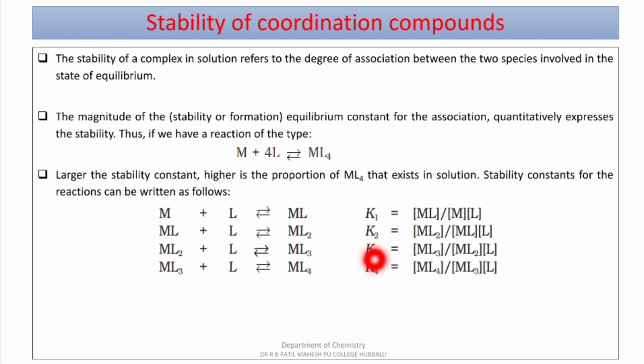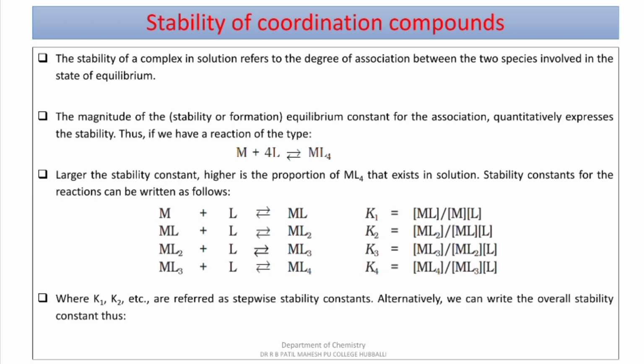Therefore, K3 is equal to the concentration of ML3 divided by the concentration of ML2 into the concentration of L. Similarly, the fourth ligand combines to form ML4 and we get the rate equation K4 is equal to the concentration of ML4 divided by the concentration of ML3 into the concentration of L, where K1, K2, K3 and K4 are referred to as stepwise stability constants.